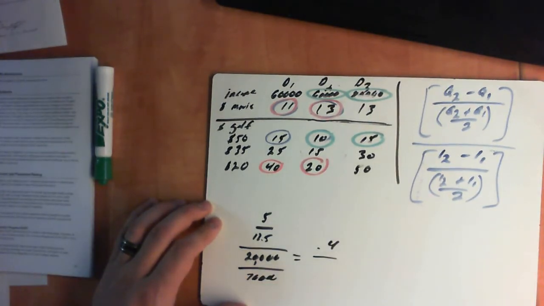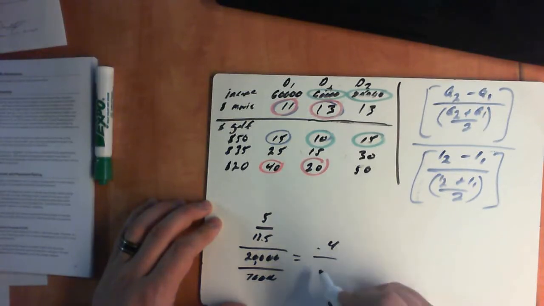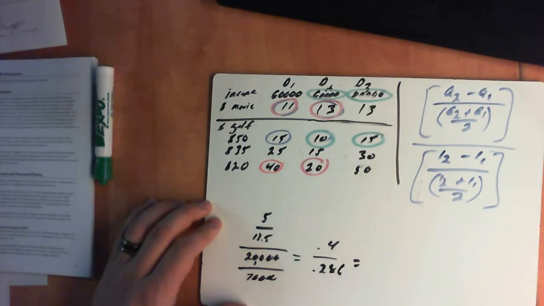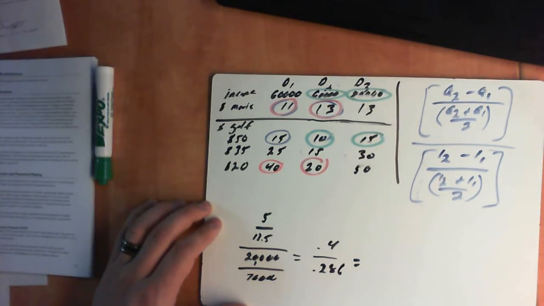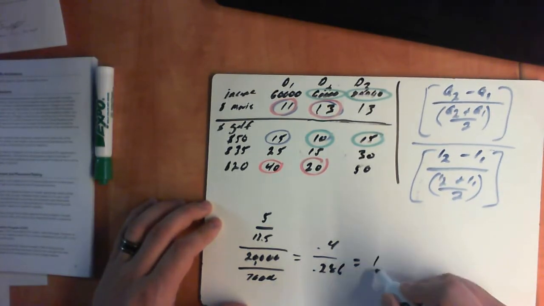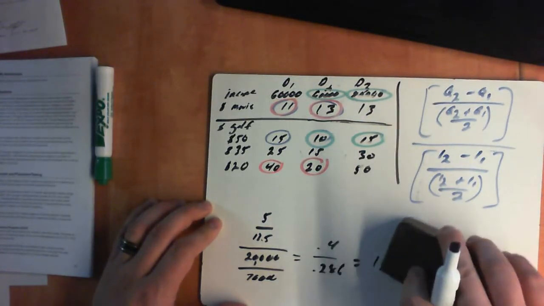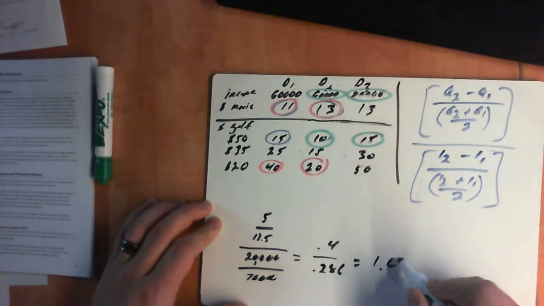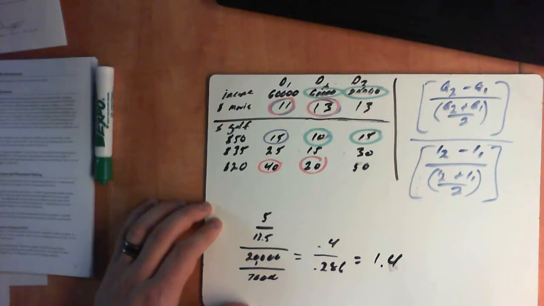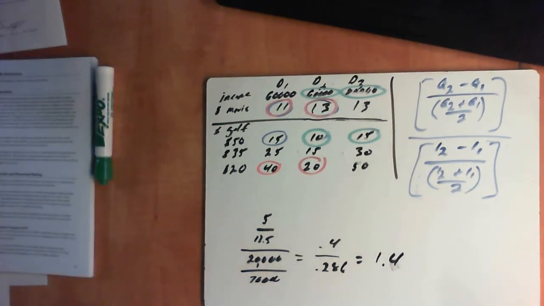And then 20,000 divided by 70,000 is equal to 0.286. 0.4 divided by 0.286 is equal to 1.39, which is really 1.4. And so that's income elasticity at $50.